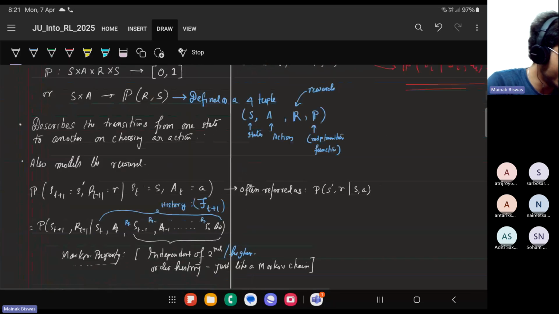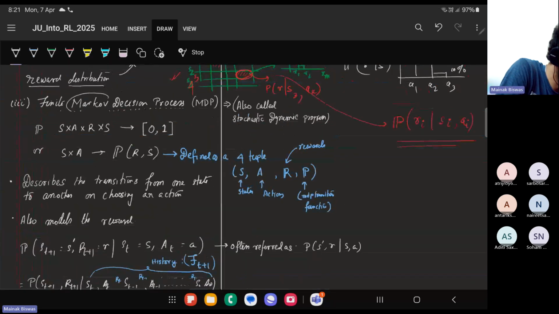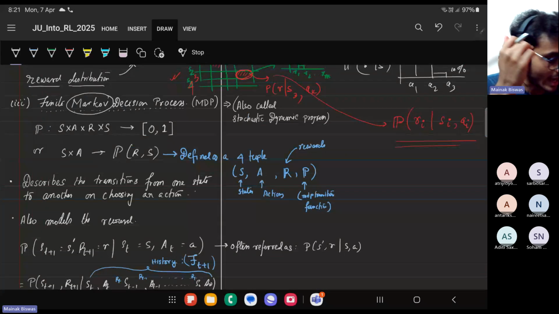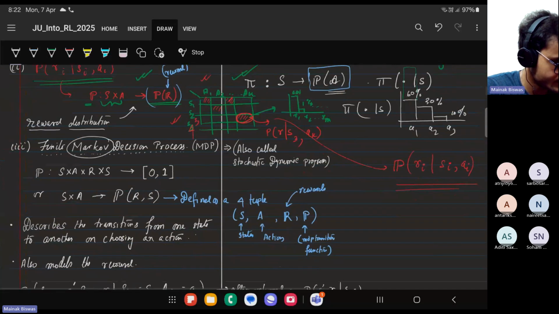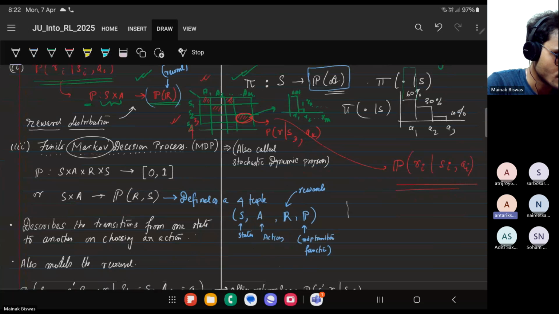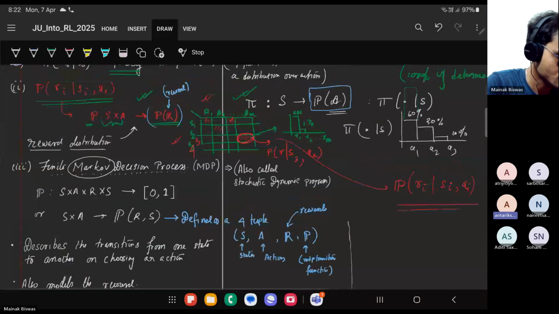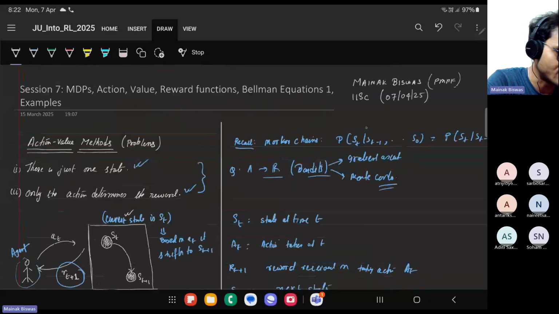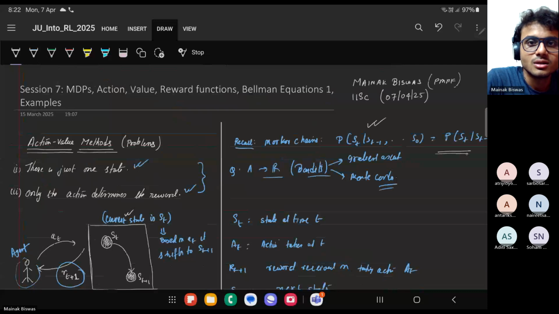The word Markov is the primary characteristic of this process. Again, what is the Markov property? Do you remember? We discussed last time. The n plus 1 state depends only on the nth state. Good.